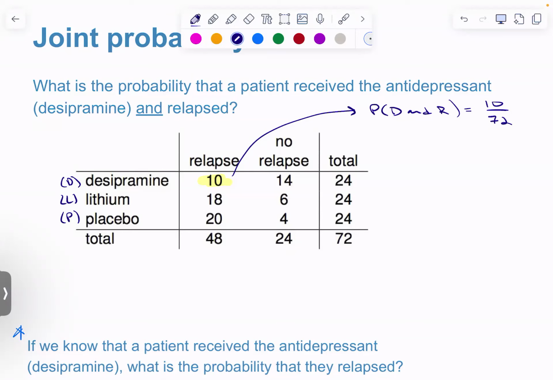Let's try doing it with the formulas. From the table, right? We can see that that's the probability. What if we're using formulas?